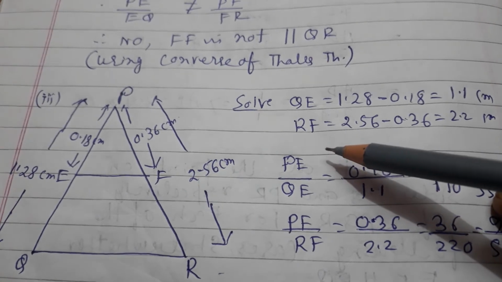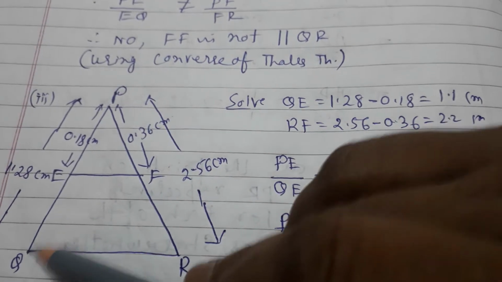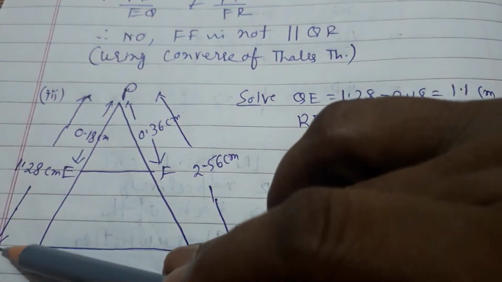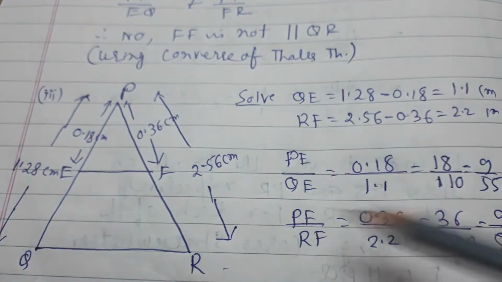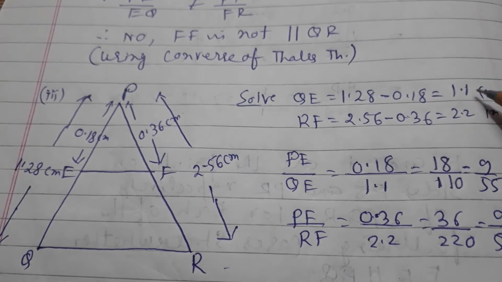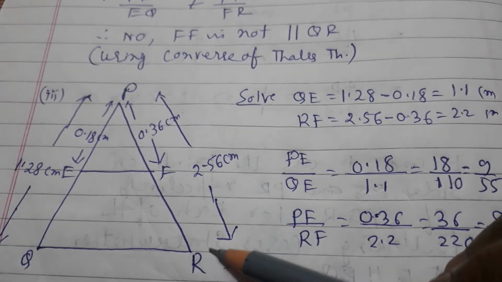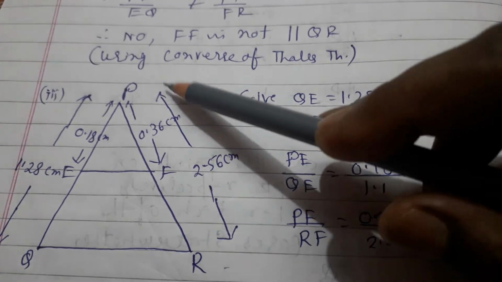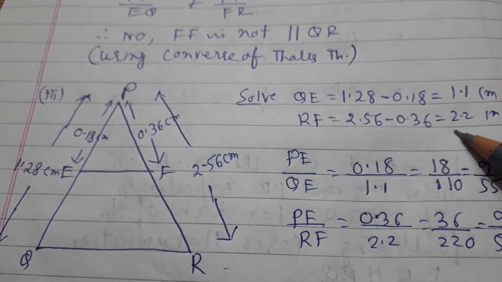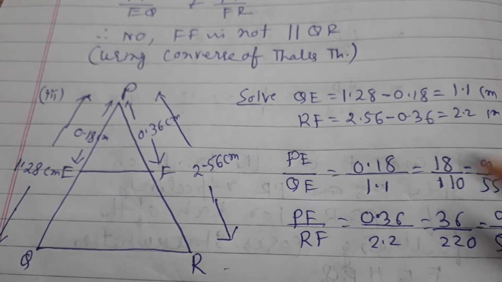Now listen, QE, this side, QE take out. QE equal to 1.28 minus 0.18 and after subtraction we get 1.1 centimeter. And now FR equal to 2.56 minus 0.36 and you will get 2.2 centimeter.